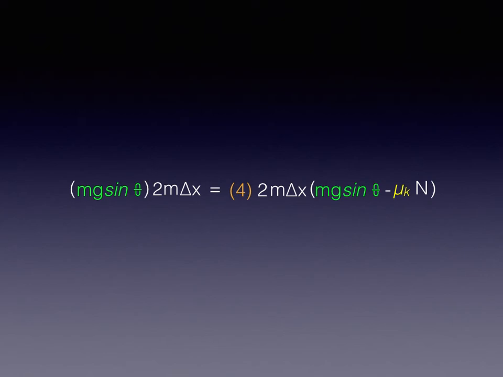One little speed bump before doing that is now we've got this n in front of us, this normal force, n. What is that going to be equal to? What do we plug in there? Well, in most cases, for objects sliding down the slide, the normal force is going to be the force perpendicular.